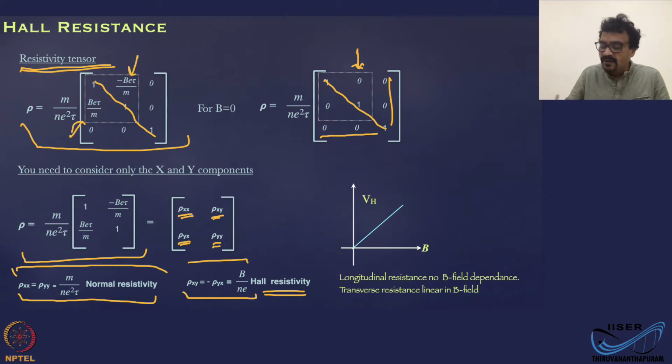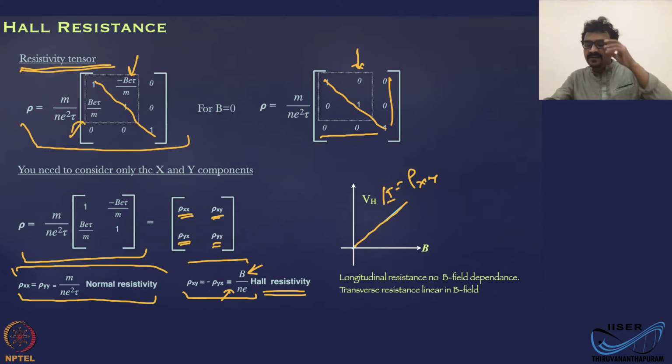The Hall resistivity is proportional to B and inversely proportional to n. So directly from this slope, you can calculate the carrier concentration. V_H by I will give you rho xy, that is your Hall resistance.